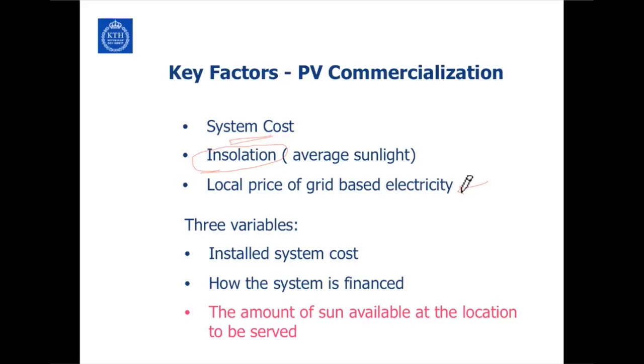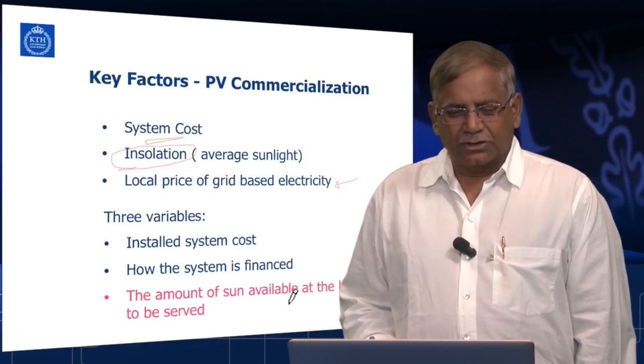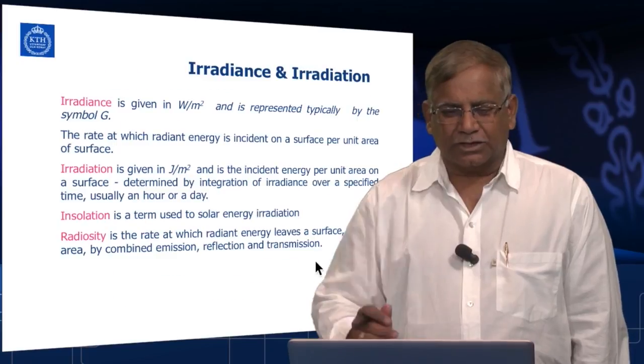When the levelized cost of electricity equals that of conventional sources, we call it grid parity. The most important variable is insolation, the amount of sunlight available at the location to be served. That is what we will be talking about in the next few slides.